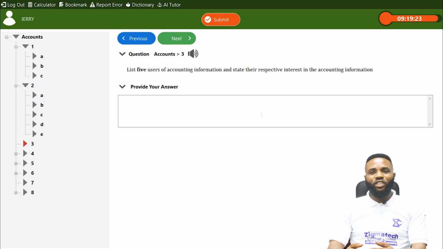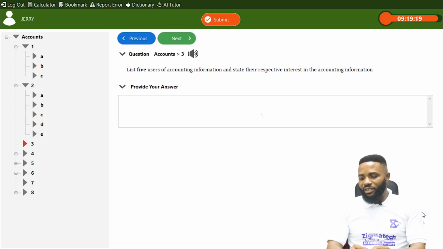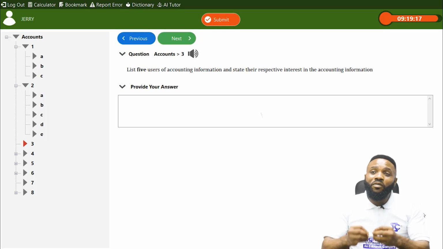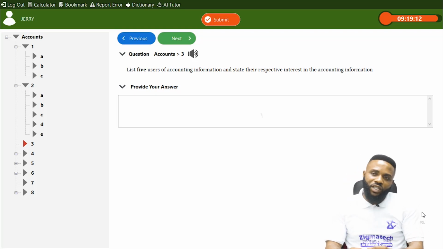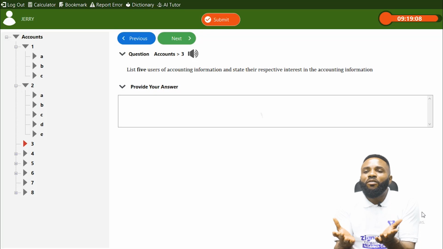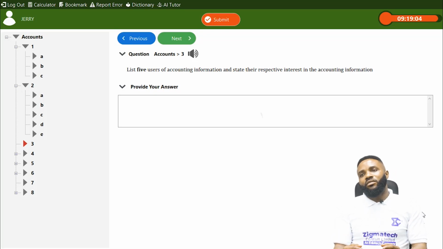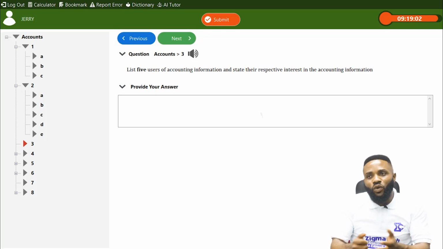Before you can invest into the business, you want to find out the viability of that business. Every business should be viable enough before you can commit your funds to it. So if you don't have the accounting information at your disposal, it will be very risky to commit funds into it.